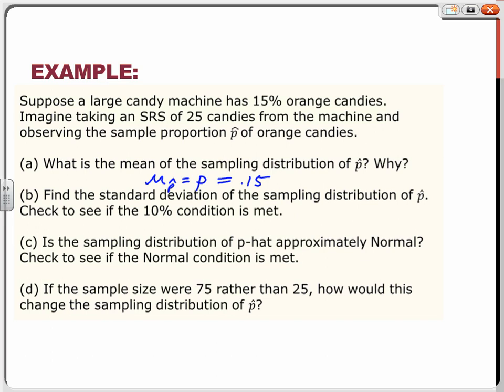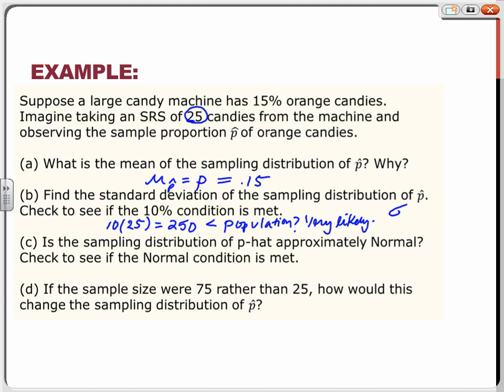Find the standard deviation of the sampling distribution of p hat and check to make sure the 10% condition is met. So let's see. I had 25, so 10 times 25 would be 250. Is that less than the population of all of those candies? Very, very likely. Okay, so let's find that standard deviation.